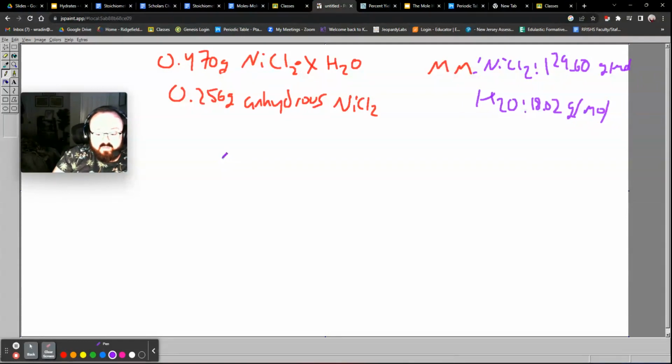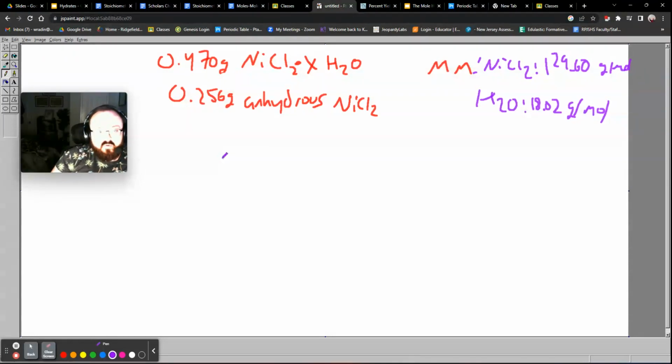But here's the example from the slides. And because we're dealing with grams and we need moles, guess what we need? We need molar masses. I've already calculated them. So that's why you need to know molar masses. It's such an important part. I'm not even going to ask you a molar mass question because you just have to do them. You need to know how to do it.